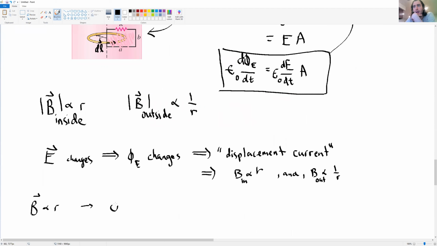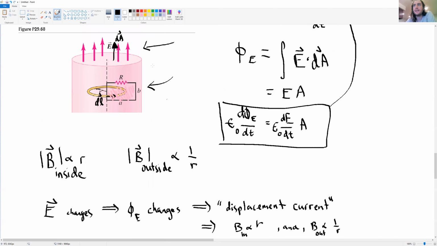Well, the magnetic flux is the integral of B dot dA. Now things are not so simple. dA we'll take to be dx and dy.